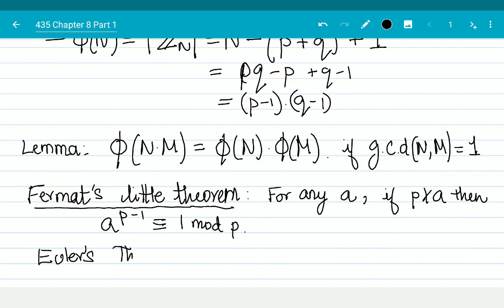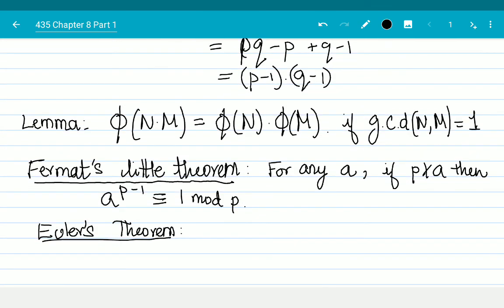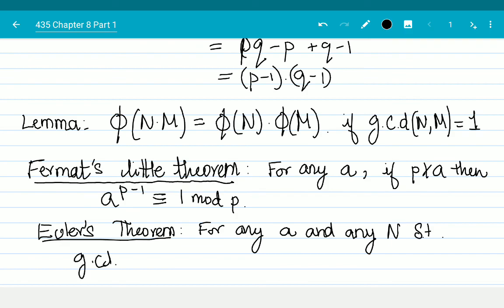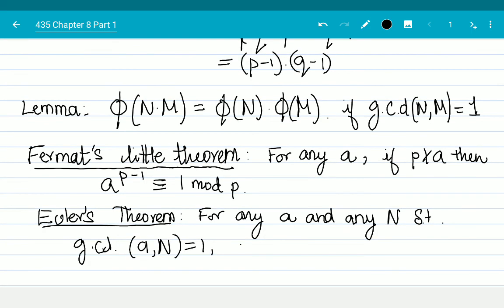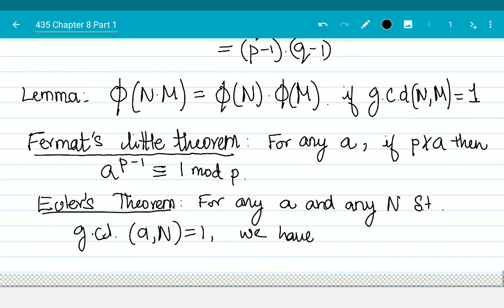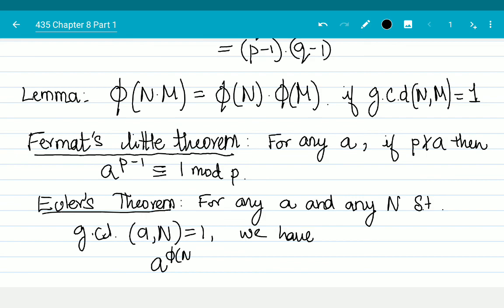Euler's theorem, which says for any a and any n such that GCD of a comma n is equal to 1, we have a to the phi n is congruent to 1 mod n.